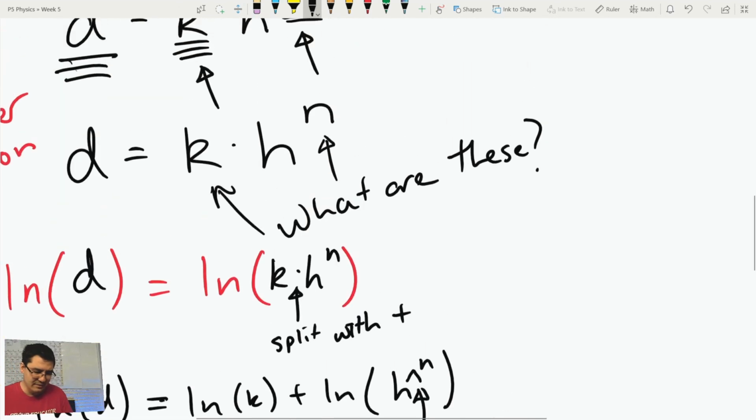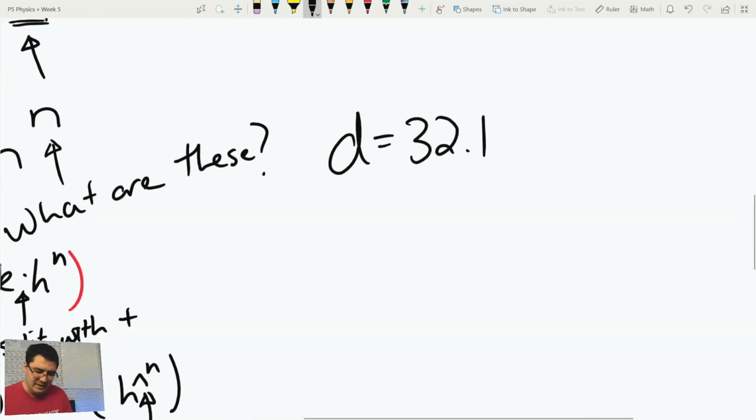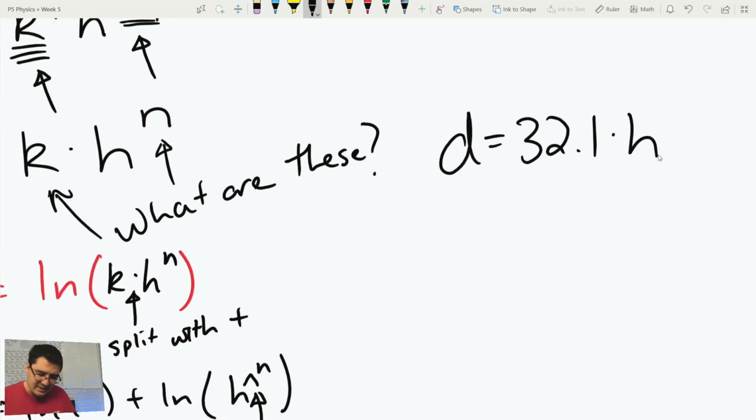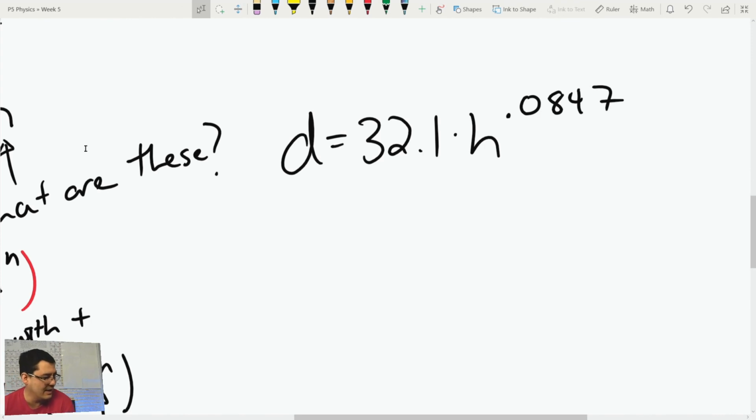So I could go rewrite this. I could say diameter is 32.1 times the height to the 0.0847. And that tells me the diameter for any height drop.